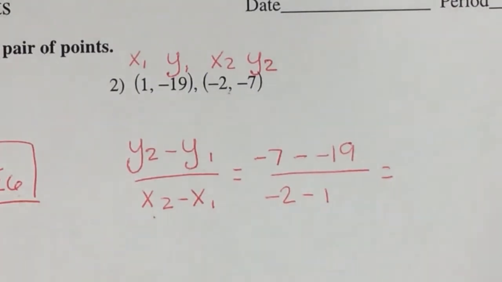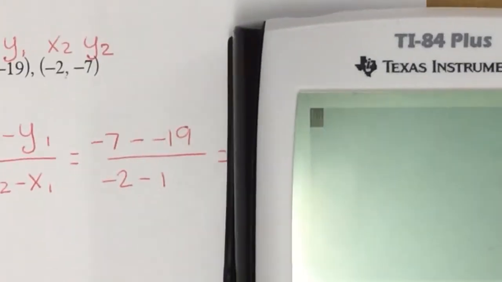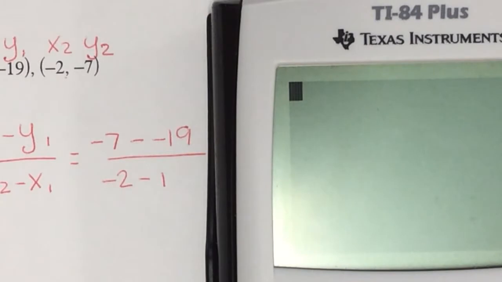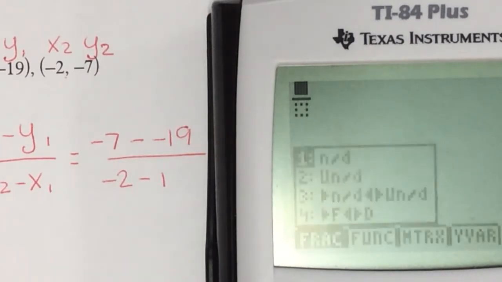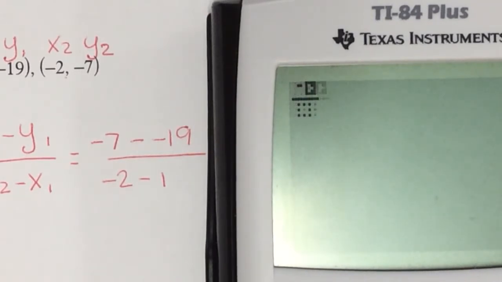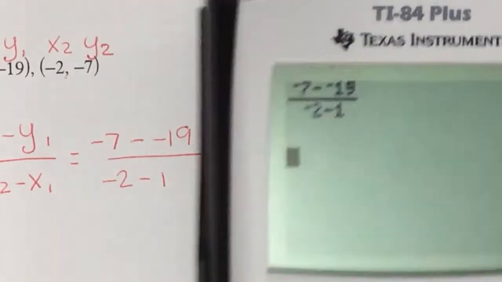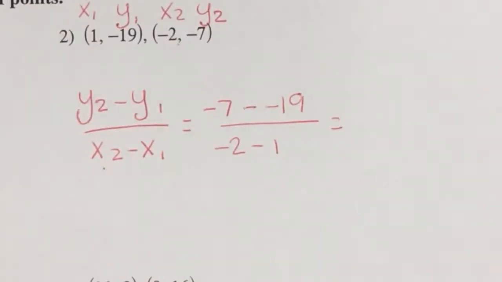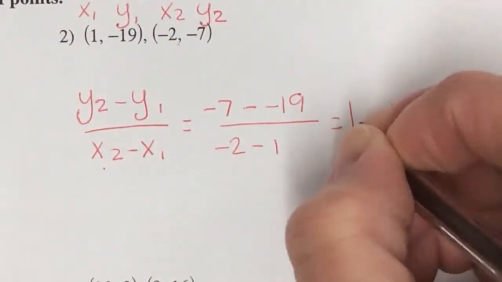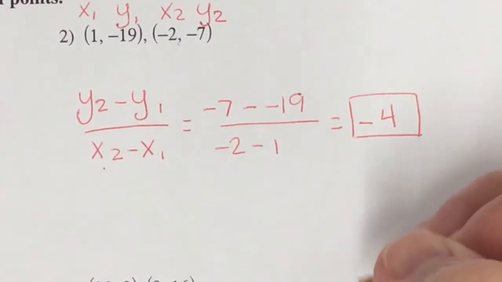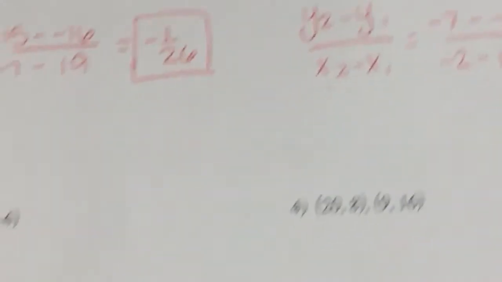And again, you're just going to plug this in your calculator. Type it in as a fraction. Alpha y equals enter. -7 minus -19. -2 minus 1. -4. And that's your slope.